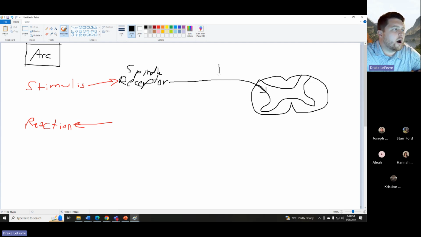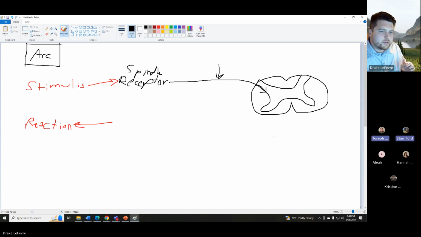What's the name of the neuron that lets it get there? What type of neuron comes from the muscle spindle? Alpha motor? Think about it: it's going into the sensory portion of the spinal cord. Alpha motor neurons come from what part of the spinal cord? The ventral part. Yeah, ventral, the anterior.